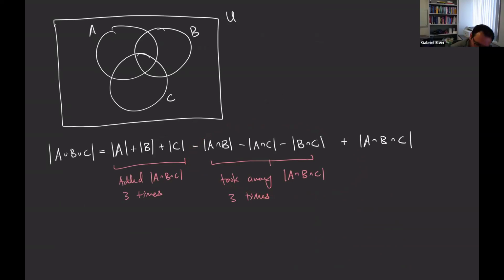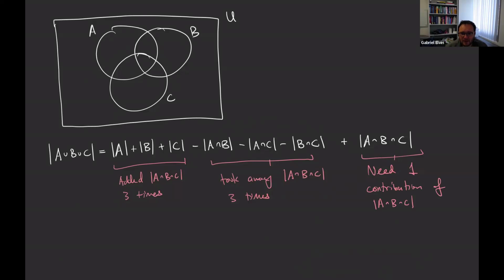And so we need 1 contribution of the triple intersection. And now you can trust that that's the right count.